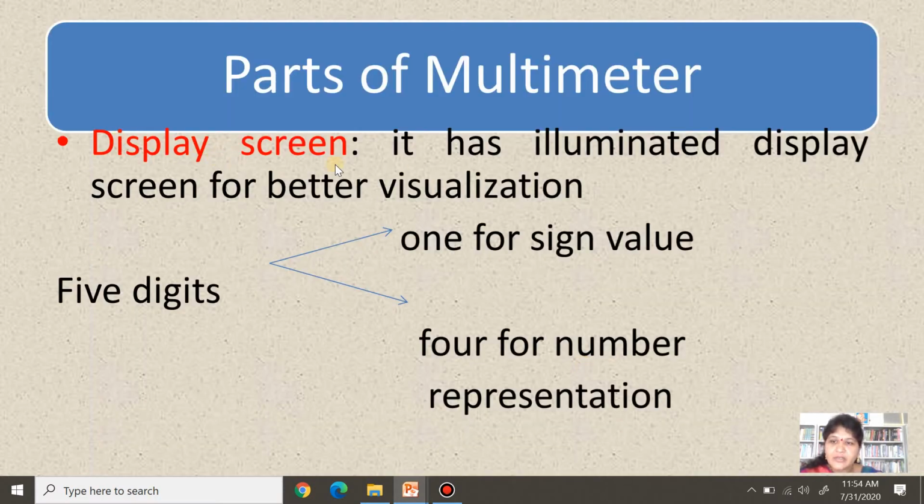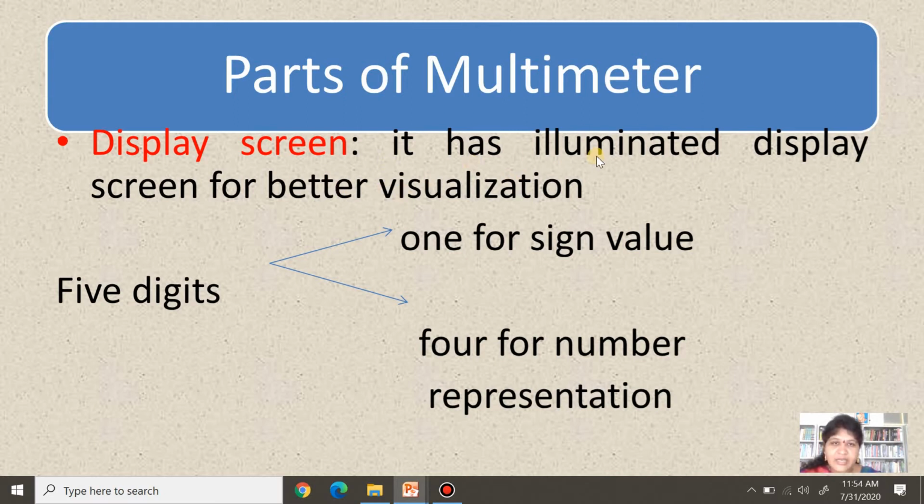So the first part of the digital multimeter is the display screen. The digital multimeter has an illuminated display screen for better visualization. If we are working in dim light, it will be easy for us to read the readings from the digital multimeter.